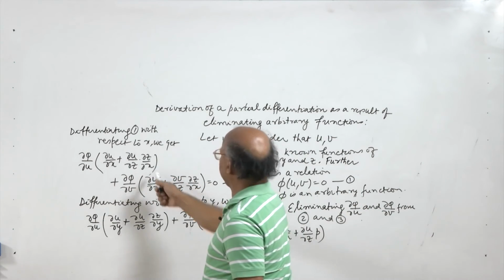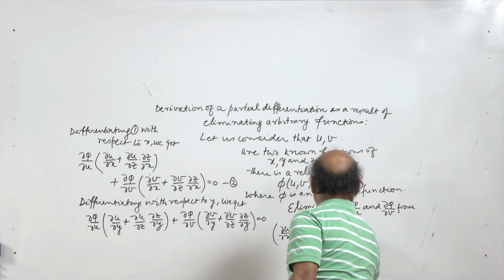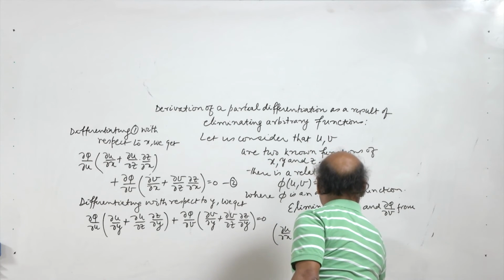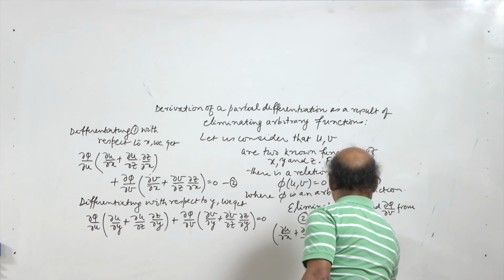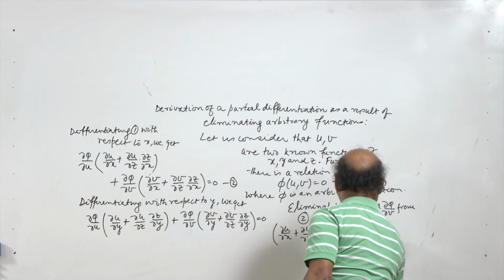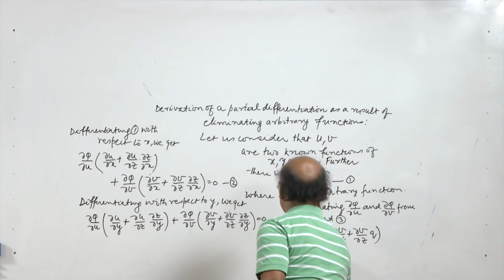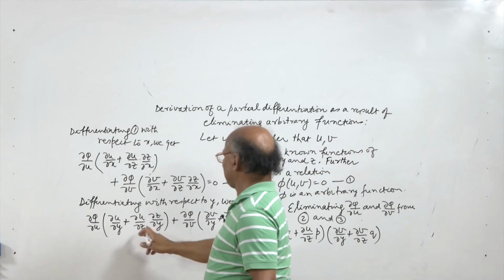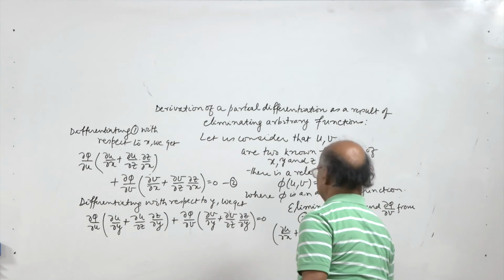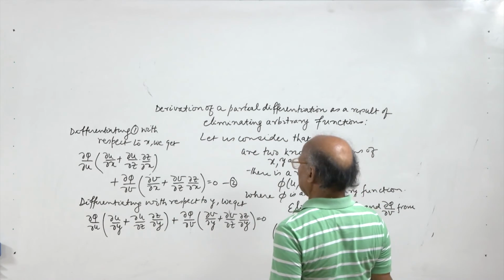this I can write as P and this I can write as Q. So, this into this plus this into this equal to 0.